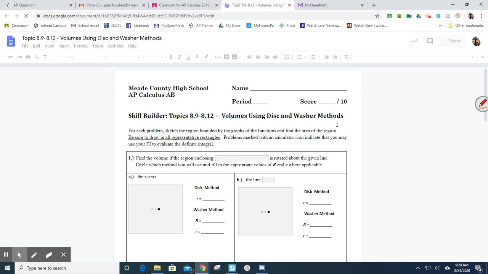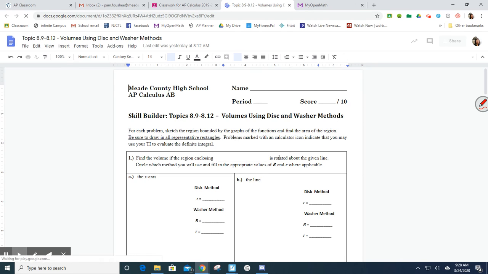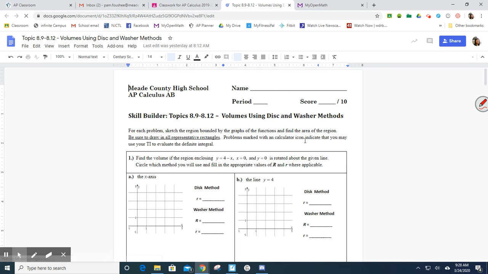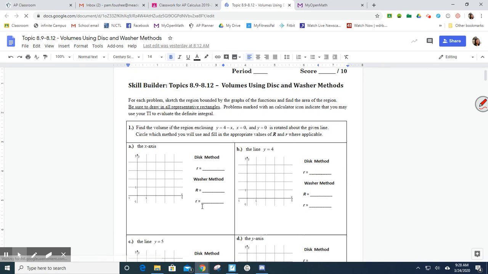So basically what we're going to do now is the ones that are flat against the axis are the ones you're going to do. Is it not going to load for me? My computer has been acting so wonky today. What it wants you to do, like this one, is graph it and then put your axis of rotation about it. For this one, we would be up at 4, going down like this.